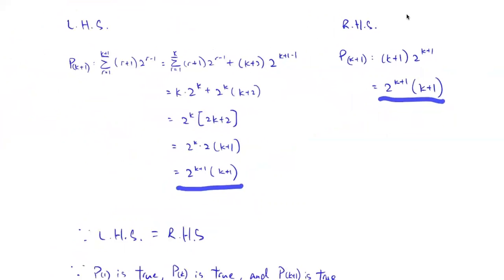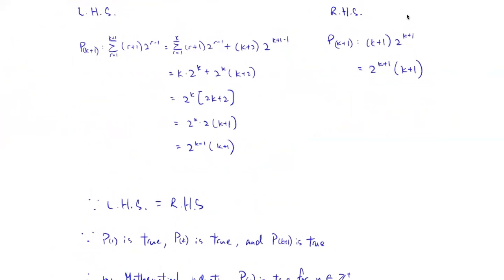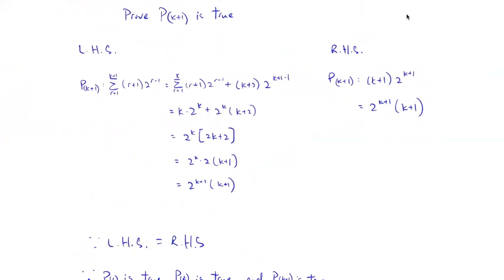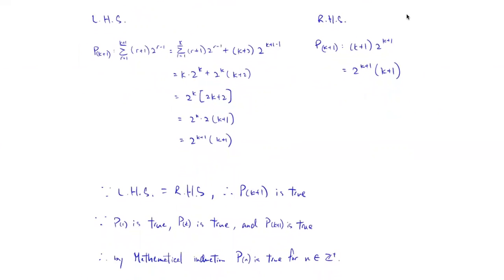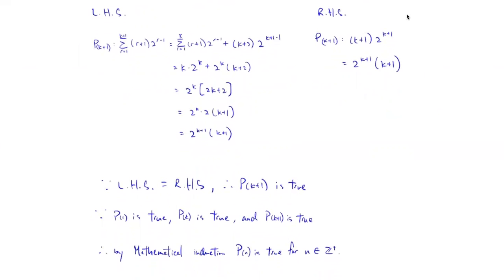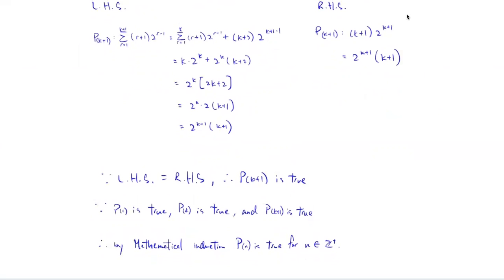And because the left-hand side equals the right-hand side, therefore Pk plus 1 is true. And then we move on to the conclusion step. Because P1 is true, Pk is true, and Pk plus 1 is true, then by mathematical induction, Pn is true for all n values which belong to all positive integers.